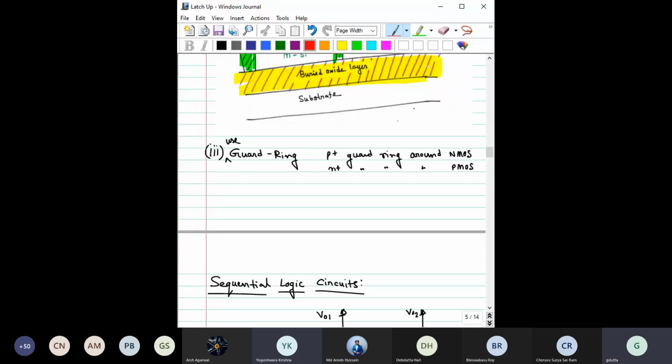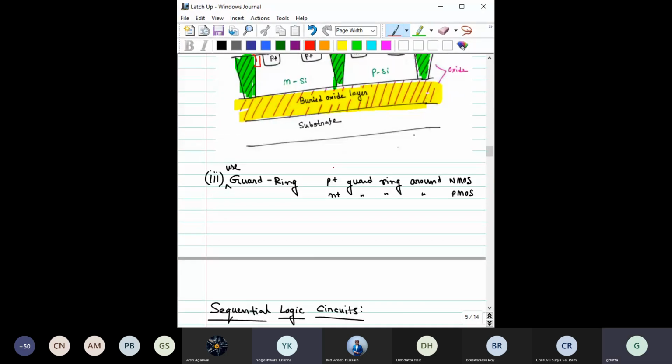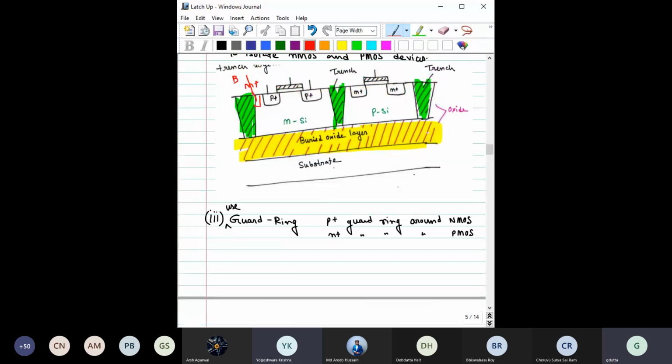The other technique is the use of a guard ring. So here what is typically done, let me draw it here.